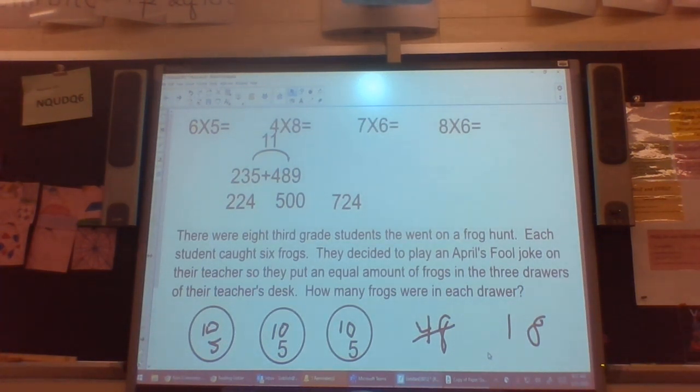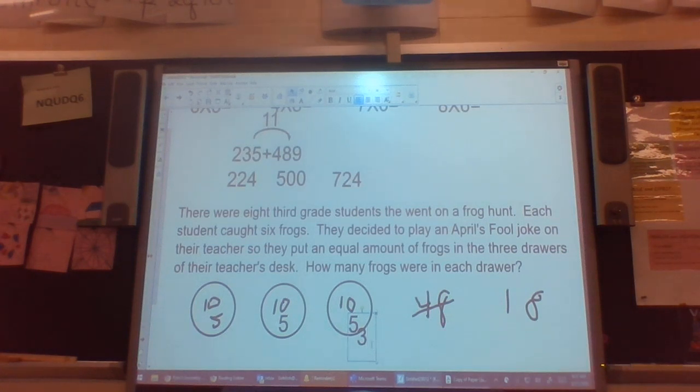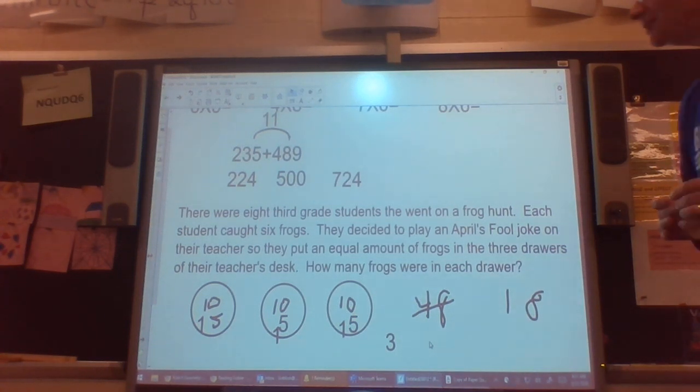I only have 3 left. So if I have 3 left to share, I could put 1 in each of them. And I came up with a total of 16 frogs in each one of my drawers today, and I wasn't very happy about that. Okay.